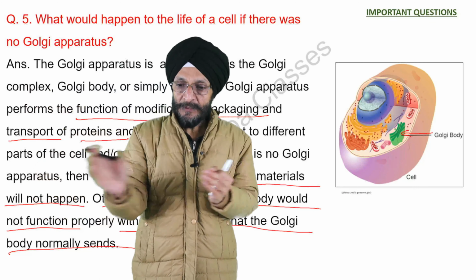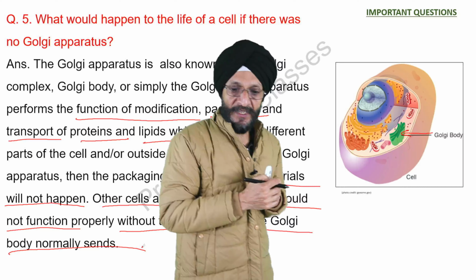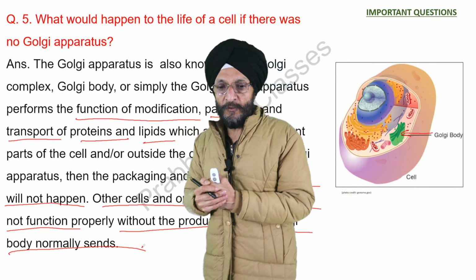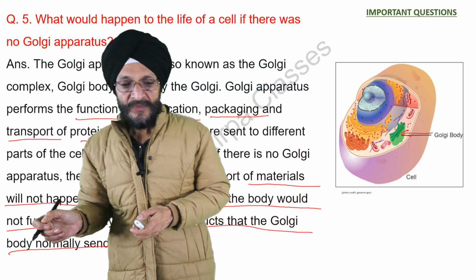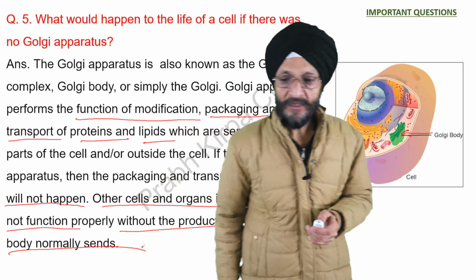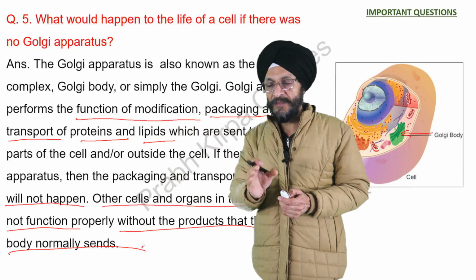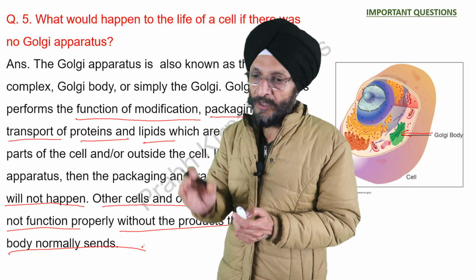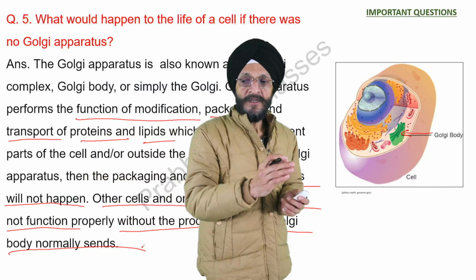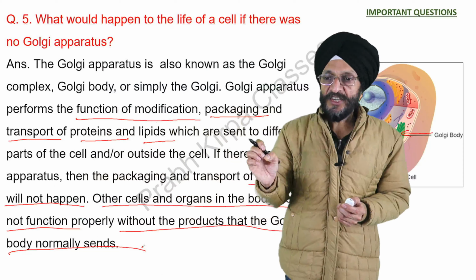If transportation does not take place, the other cells and the organs in the body would not be able to perform their functions properly. If the Golgi body is not there, then naturally it will not send the products which it used to send.